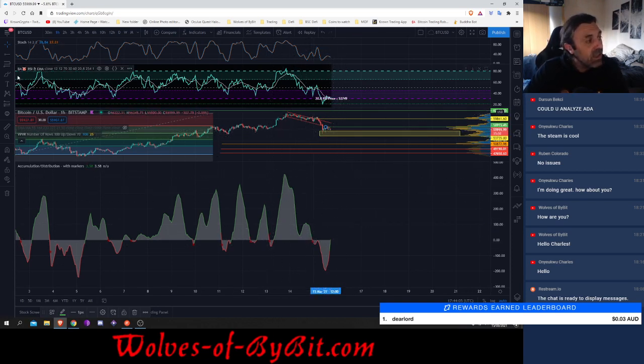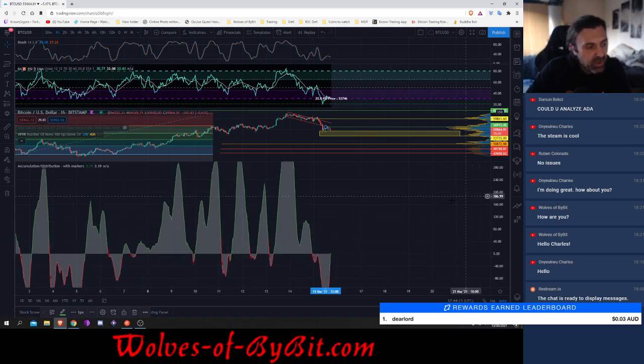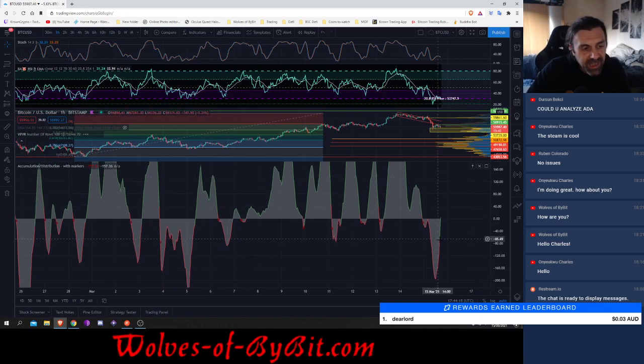So the accumulation and distribution is actually, and this is really interesting, we don't often see the green appearing while still being in the negative zone. Since this is still a new indicator to me, I'm not really sure how strong this read is, but it looks rather strong.